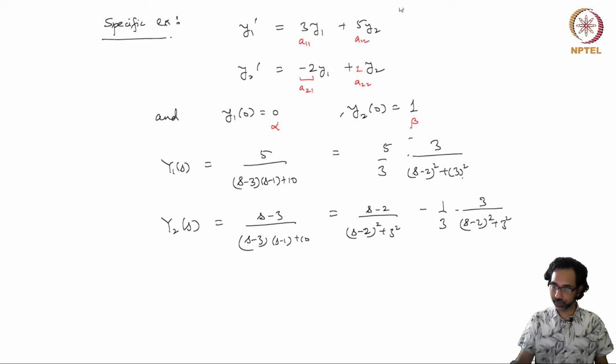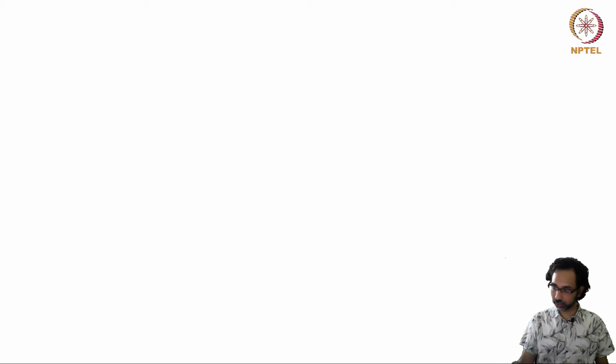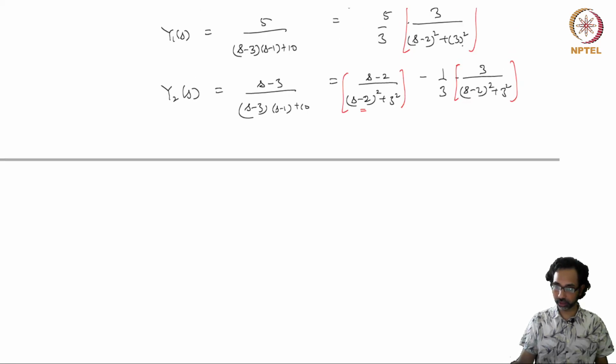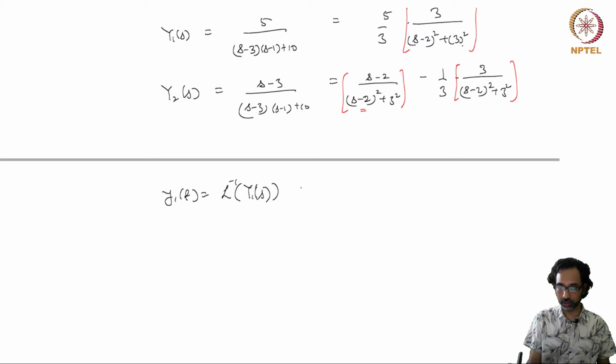So now we have these terms. These terms are all well known. They are translated by 2, so there will be e to the power 2t, and they are either cos or sine functions. So let's write down the answer. So we have y1(t), which is L inverse of Y1(s).